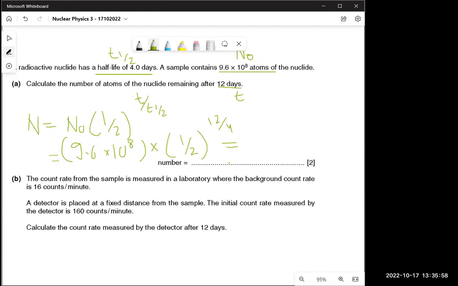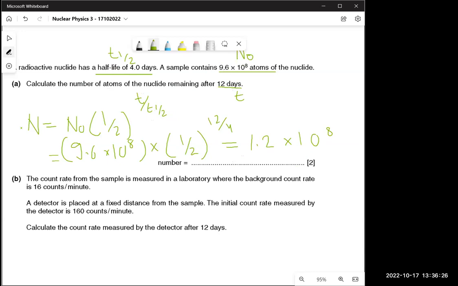Now give me the answer. It will be the same. Check if it is the same. Wait, so T is time, right? T is the time, which will be given. T half is the half-life, the time for the half-life. N naught is the original number of particles.